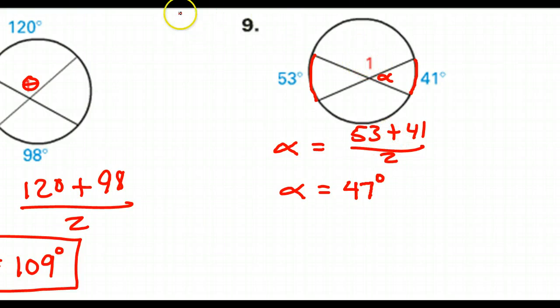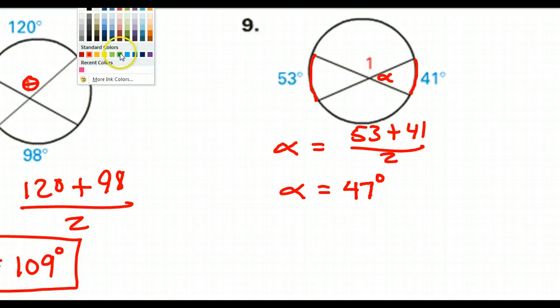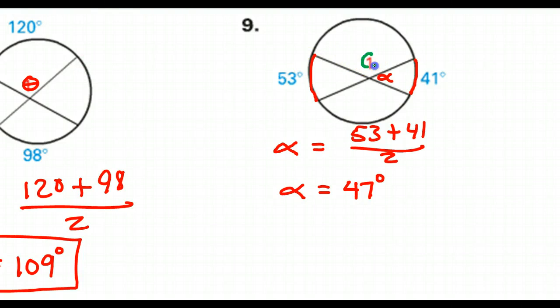We're supposed to find angle number 1 up there, which I'm going to go ahead and call theta like I've been doing. But look at the relationship here. So this makes a straight line. Let me do this in orange. I always do my straight lines in orange for some reason. That is a straight line. Another way of looking at it is semicircle.